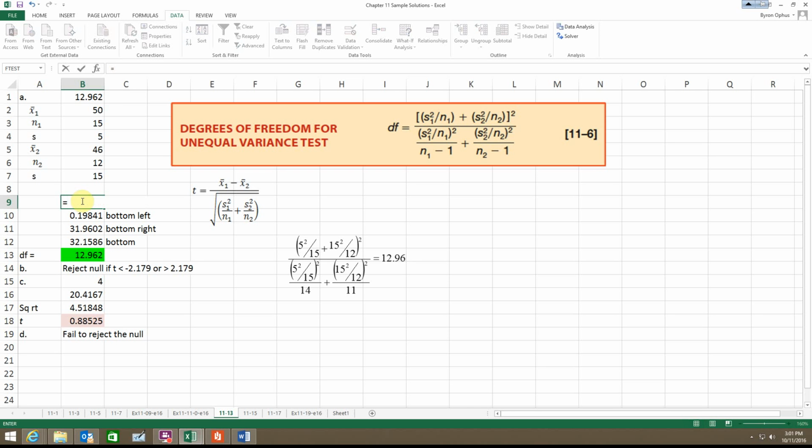So this equal to, and I'm going to need 2 parentheses there according to that.